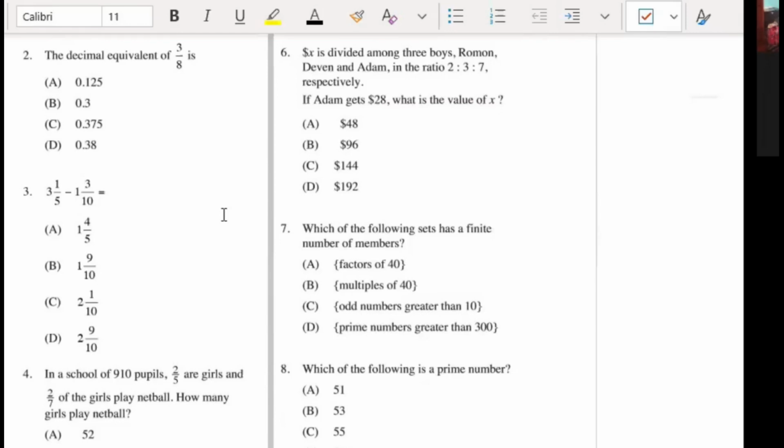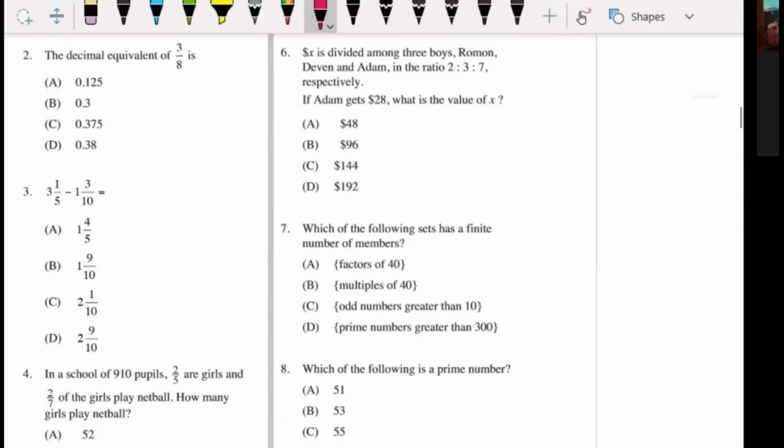Two ways we can go about this: change both of them to improper fractions and just deal with it like the regular fraction, or we can first deal with the whole numbers separately and the proper fraction. Now, if there's a negative in the fraction, we have to take it away from the whole number. So let us go ahead. 1 from 3 is 2.